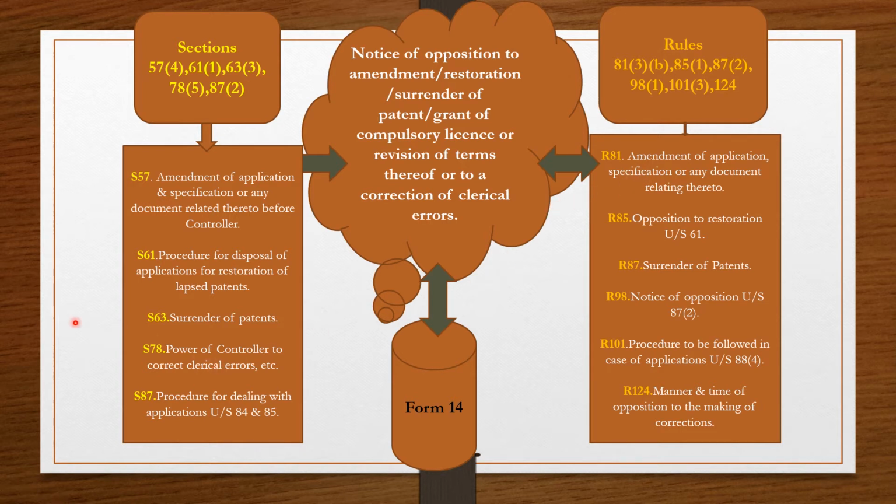Section 63 is surrender of patents, and rule 87 is surrender of patents. Similarly you can relate all this, particularly the subsections of the sections and the subrules of the rules, with this form number 14. So let us proceed.